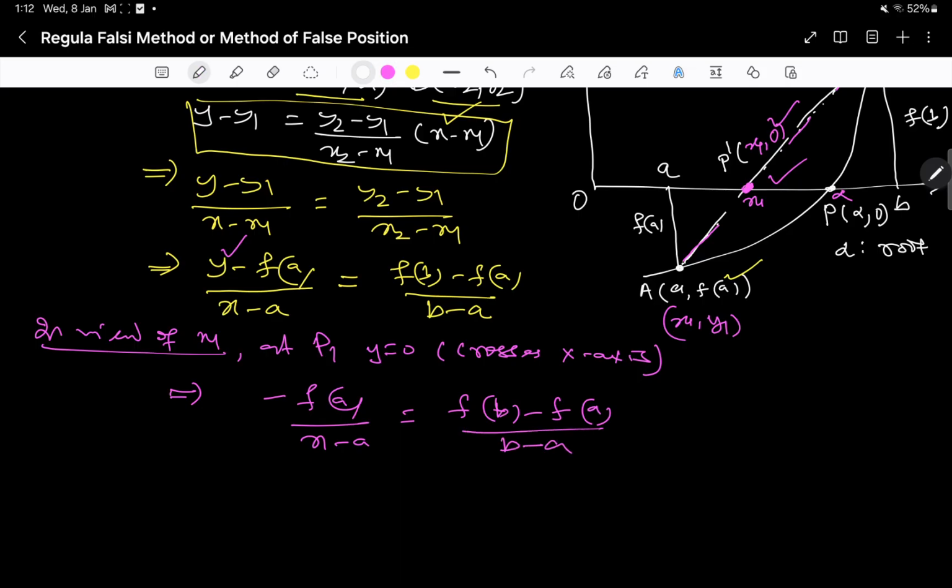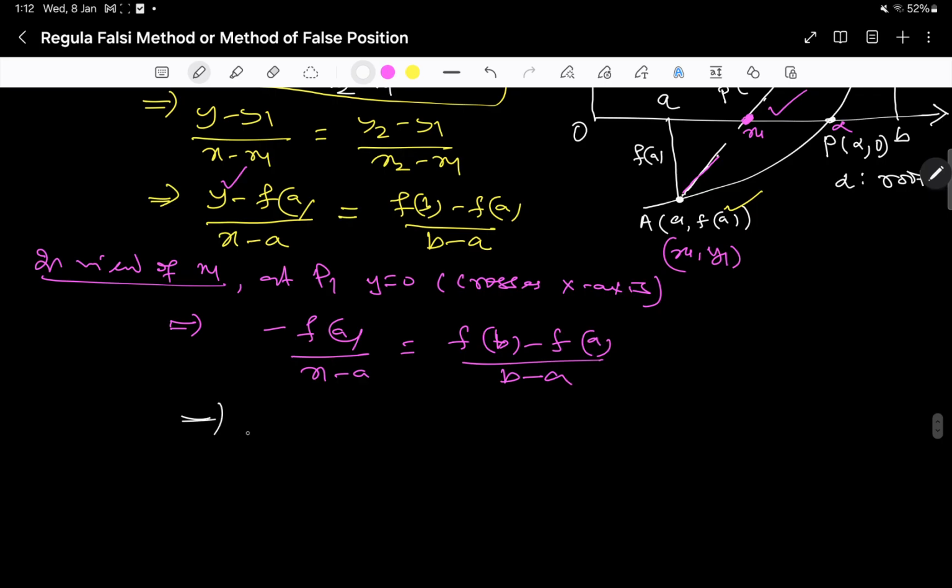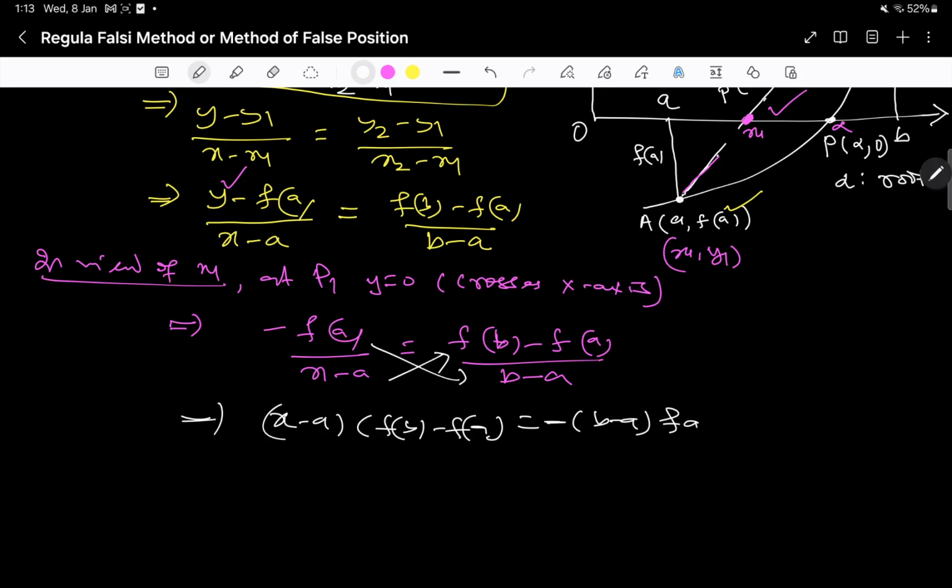If I simplify it, you cross multiply it: (x - a)(f(b) - f(a)) = -(b - a)f(a).